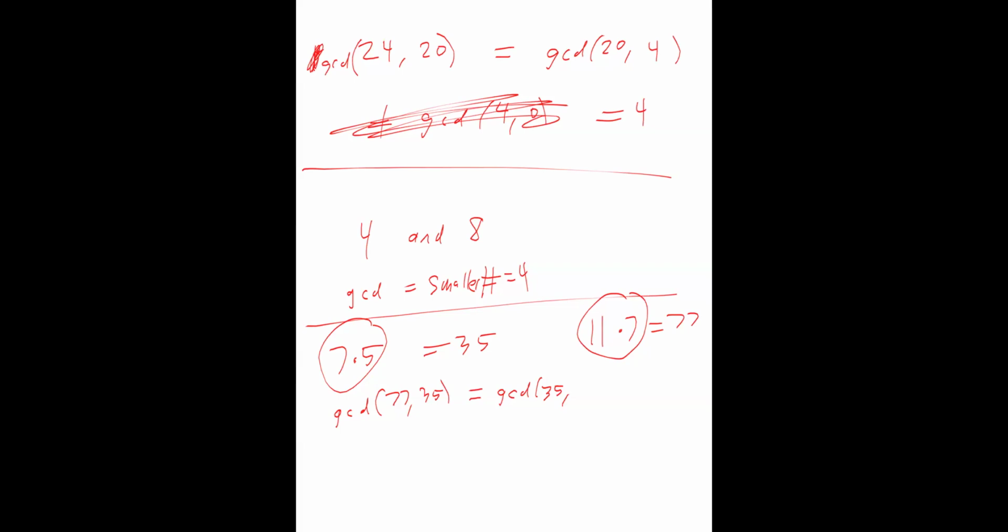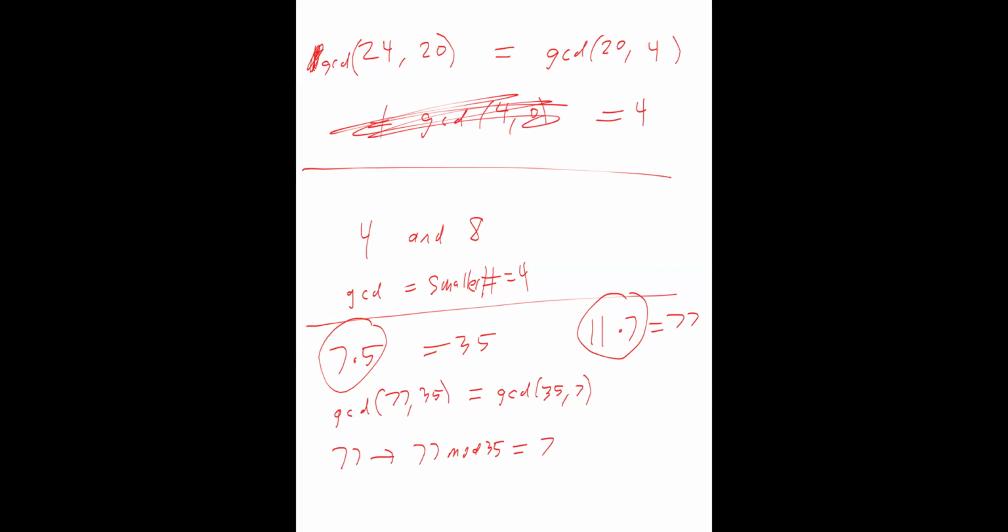So 77 gets replaced with 77 mod 35. What is 77 mod 35? Well, 35 times 2 is 70, right? So what's the remainder after getting 70? 7, correct. So the GCD of 77 and 35 is the same as the GCD of 35 and 7.